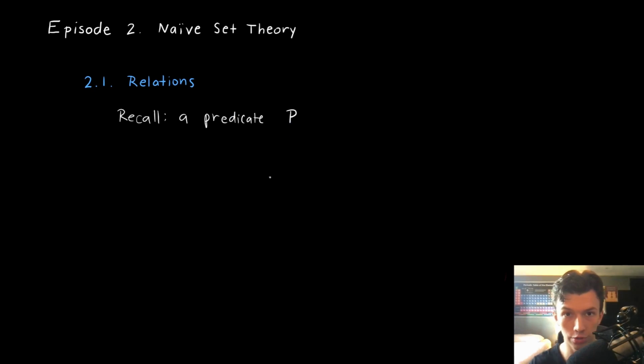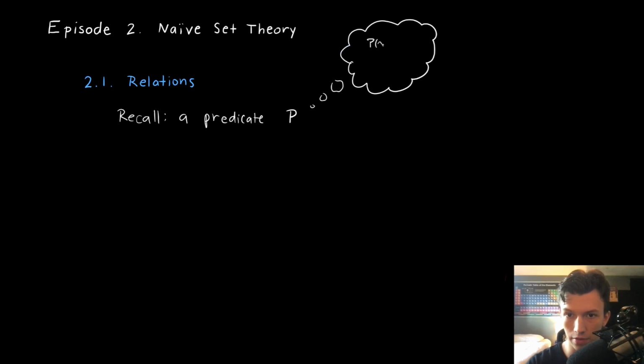So it returns a proposition. In our example in the last episode, we had P of X is true if and only if X is greater than 5. So P of X is defined to mean that X is greater than 5, okay?